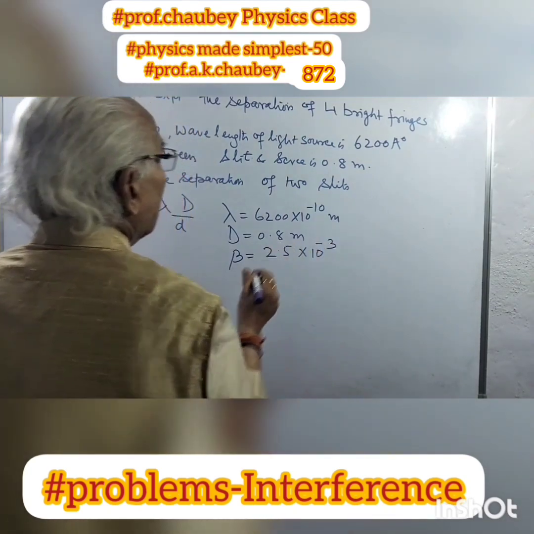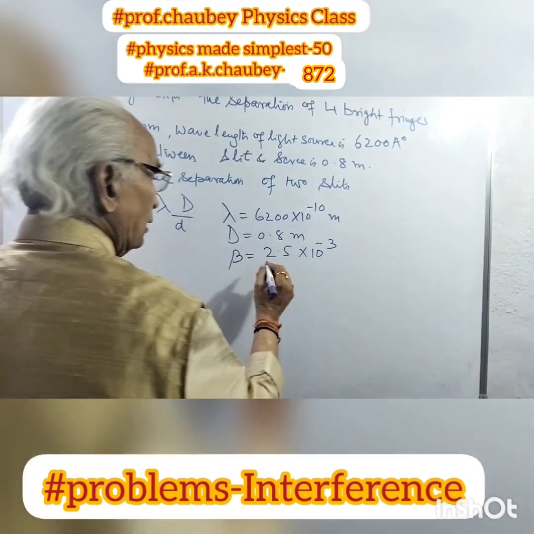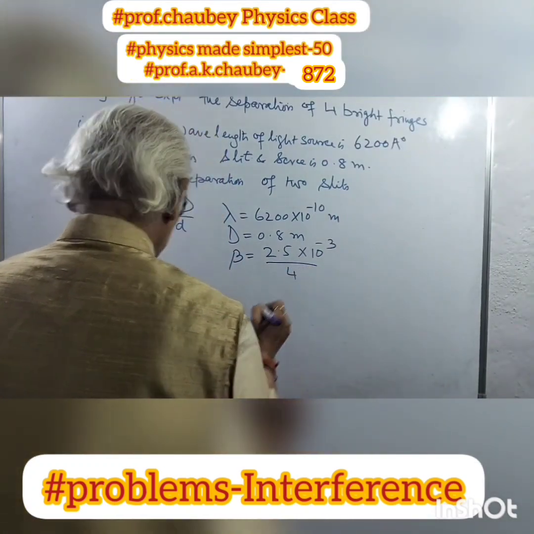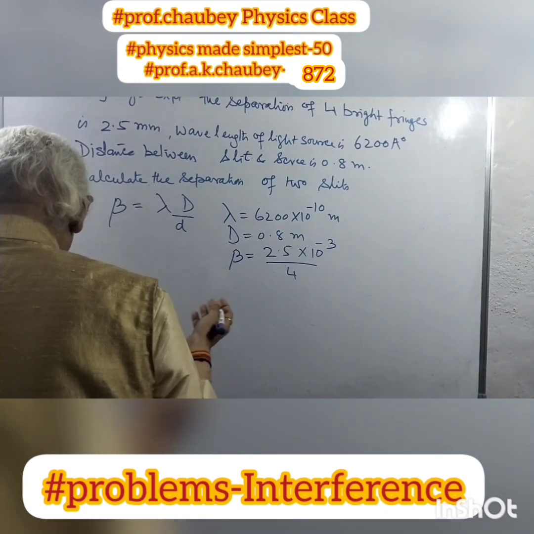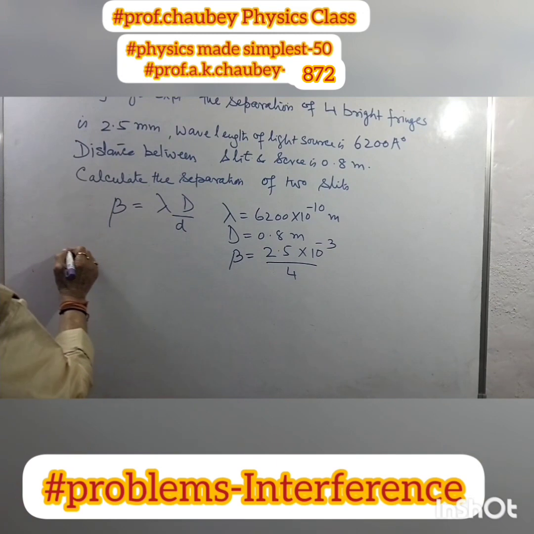But this is the width of four bright fringes, so one fringe, beta, is that divided by 4. Now substitute everything and get d.